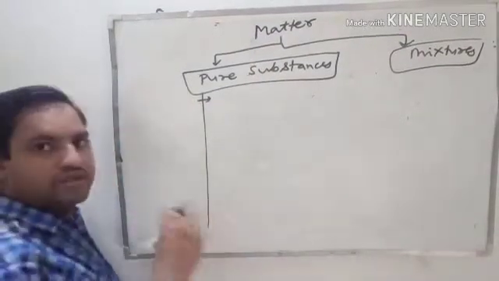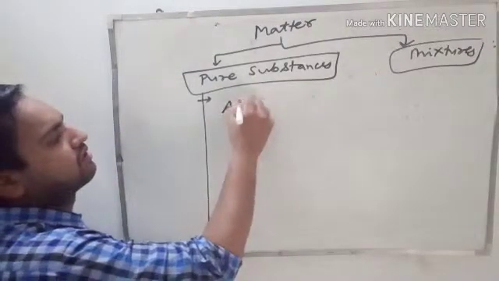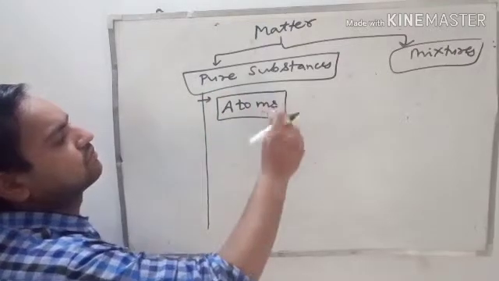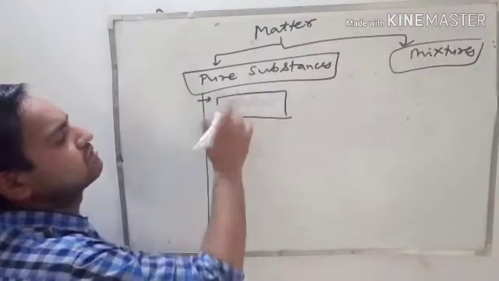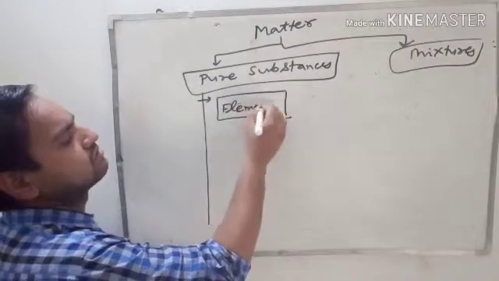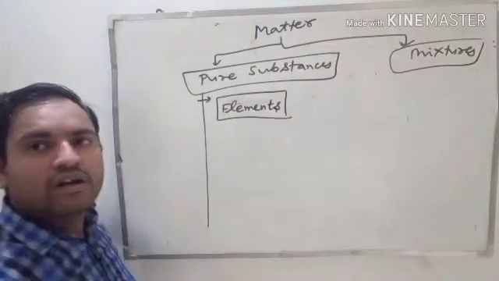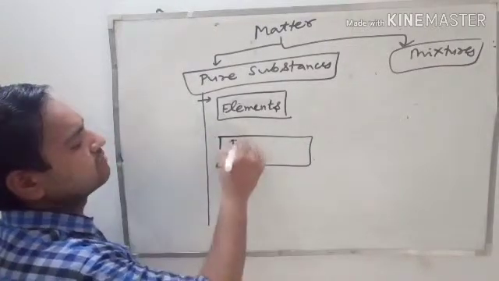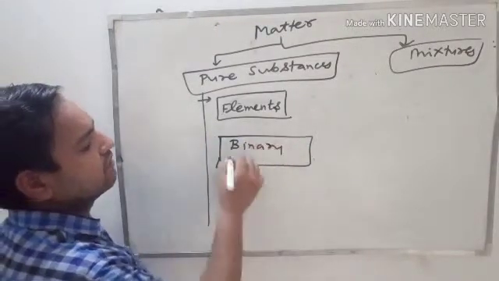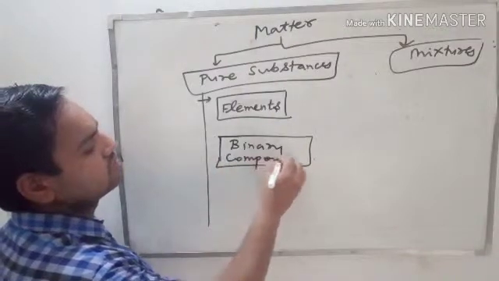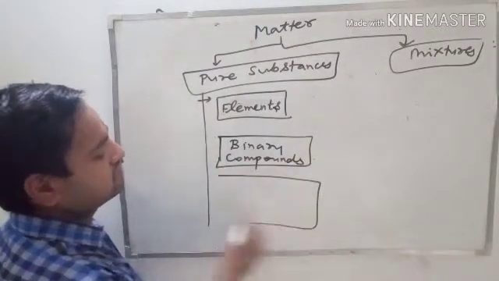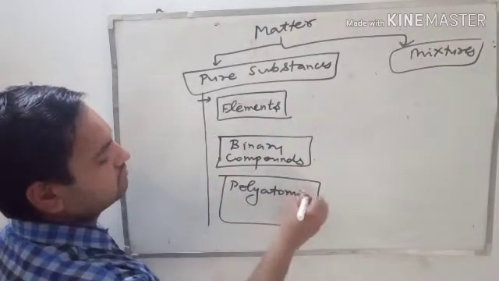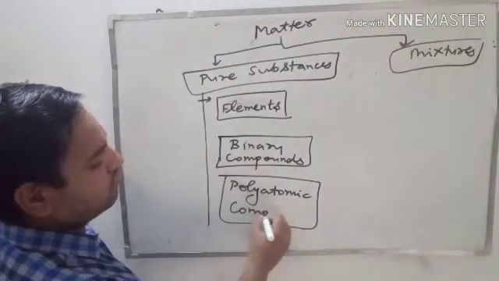So pure substances are of different types. What are these? First, sorry, elements are there, not atoms. Elements, then there are binary compounds, then there are polyatomic compounds.